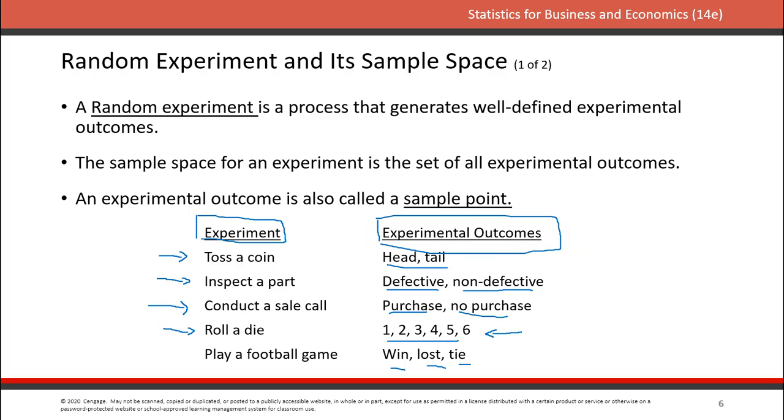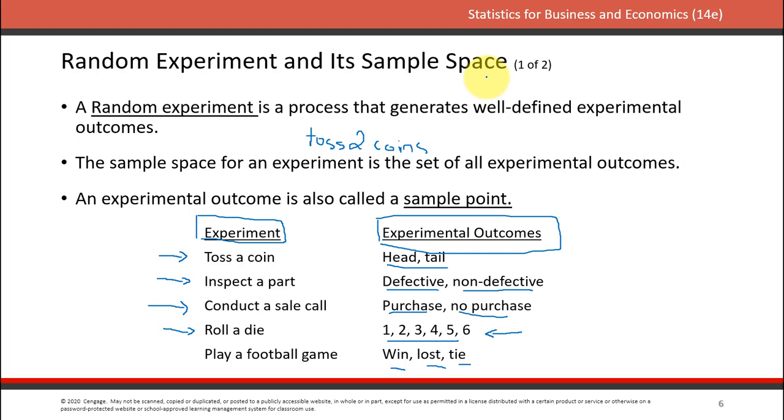Okay, so you could come up with other experiments, and what would their outcomes be? For example, you could say, let's toss not one coin, but two coins. There are two ways that come to mind for describing the outcomes of tossing two coins.